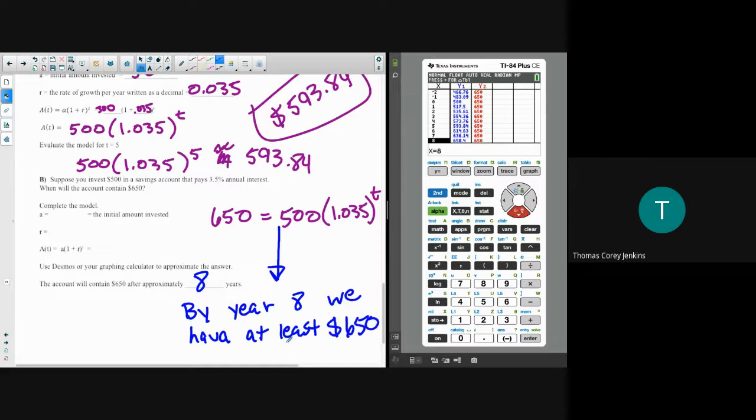Which specifically is 658.40. But like I said, we really don't know how to get closer than that based on what we know. In other words, we couldn't really solve for t. So we leaned on our technology to do the best we could.